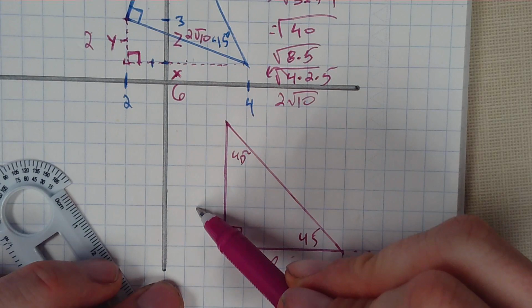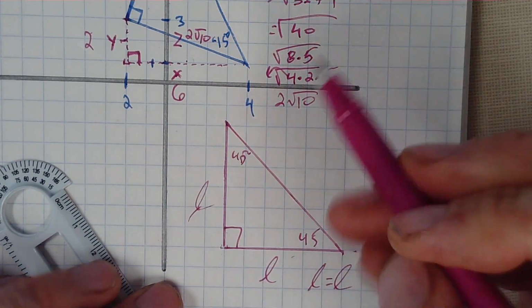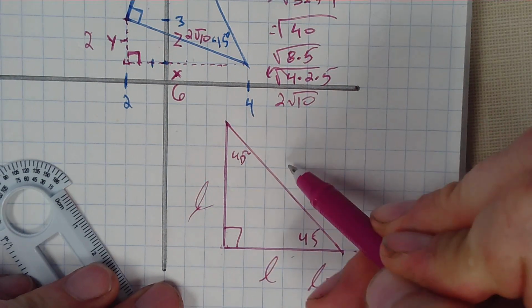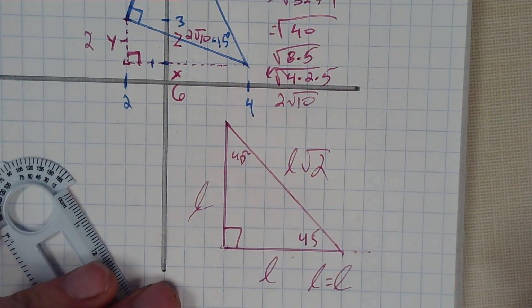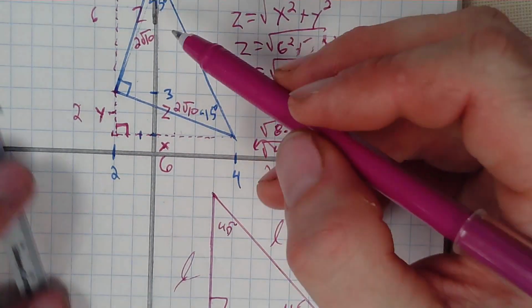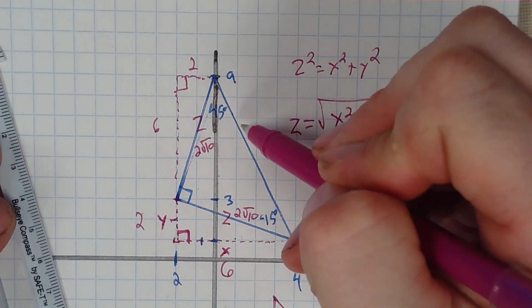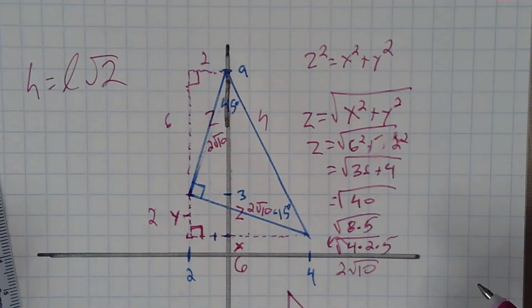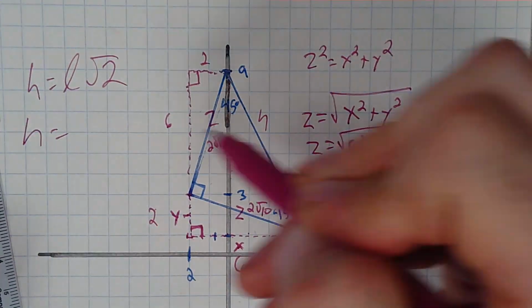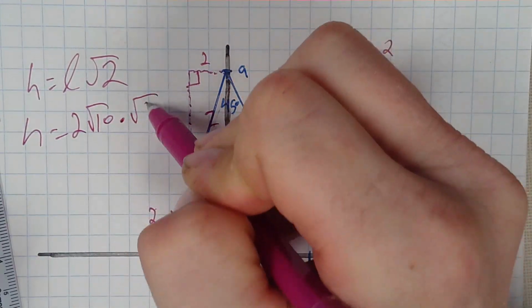The lengths of my legs are equal to each other, so L equals L, and the length of my hypotenuse is L times the square root of 2. So my hypotenuse equals my leg, which is 2 times the square root of 10, times the square root of 2.